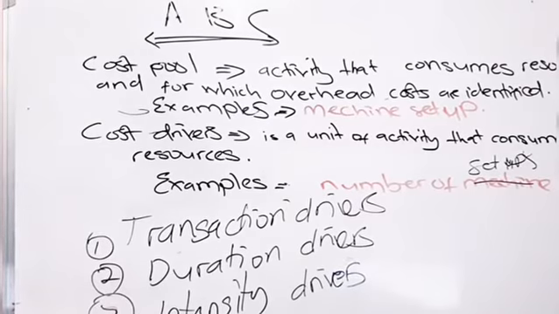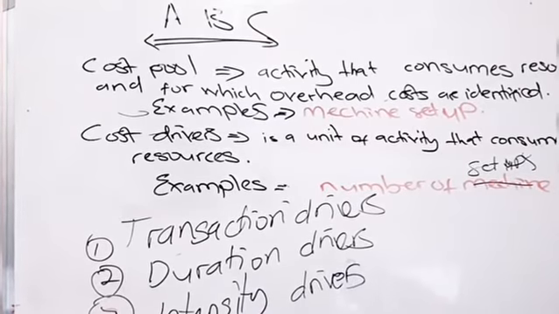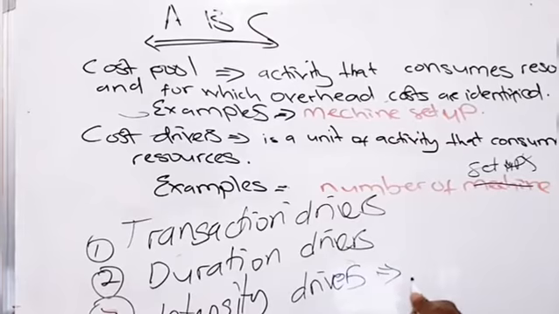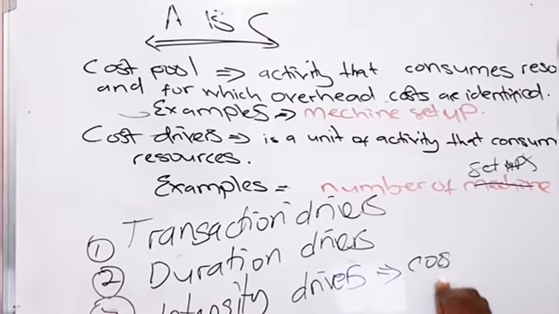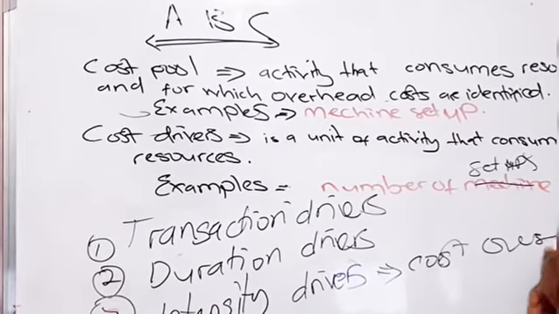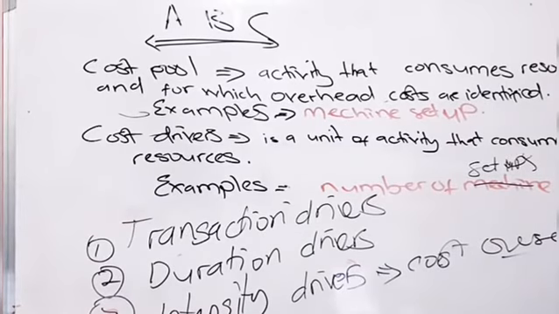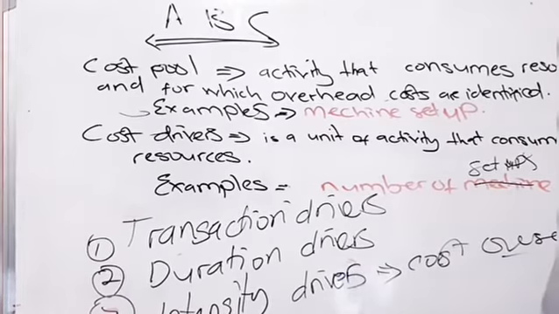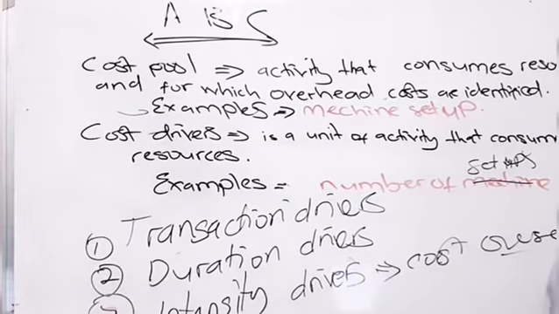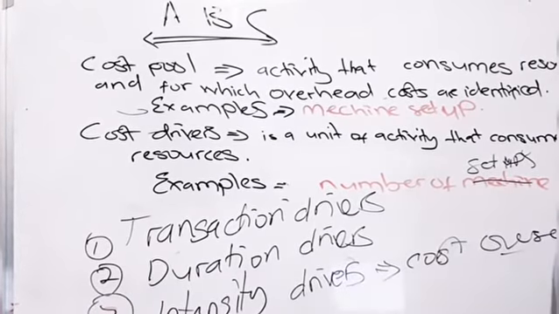So they may need to be charged with more cost. The overseas orders will need more cost allocated to them than the local orders. So intensity, that's what you're talking about in there.